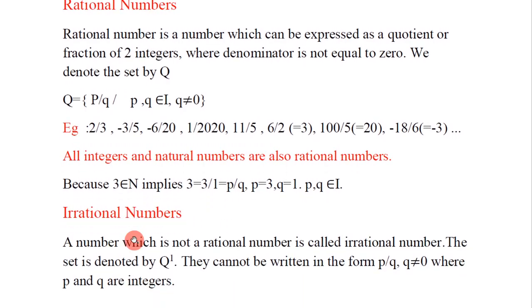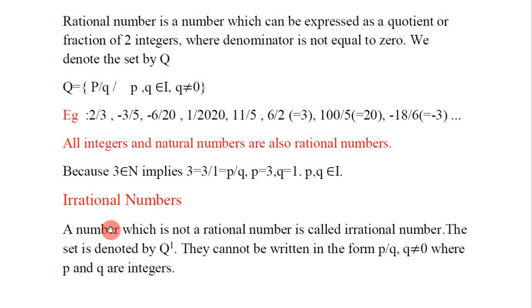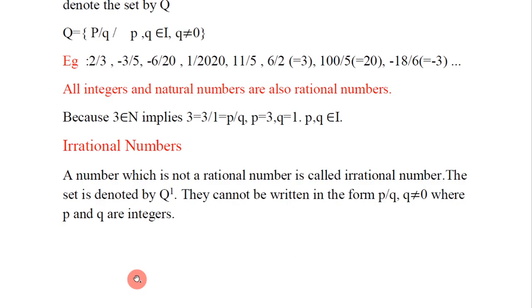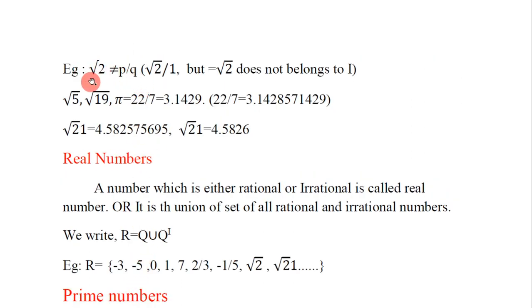Next we consider the set of irrational numbers. A number which is not a rational number is called an irrational number, and this set is denoted by Q dash. They cannot be written in the form p by q where p and q are integers and q is not equal to 0. For example, the number square root of 2.